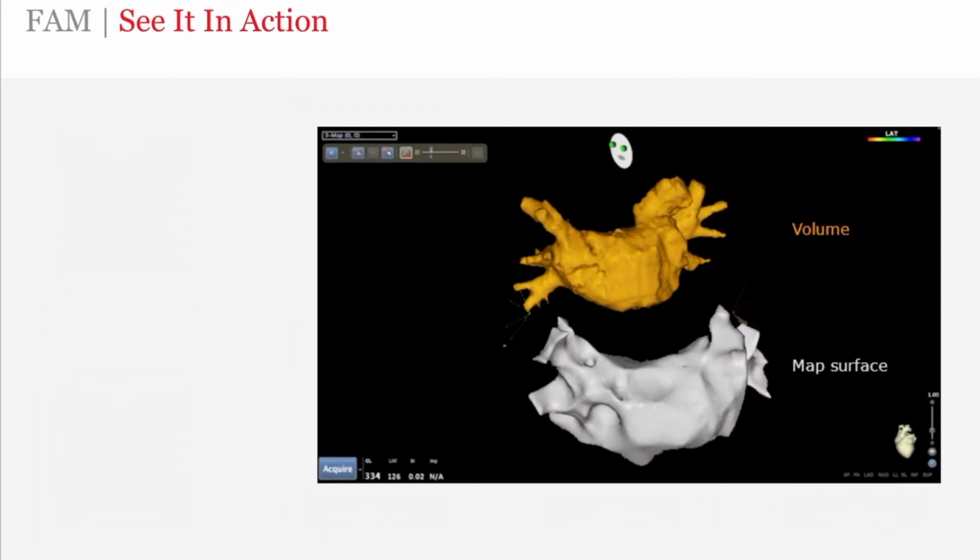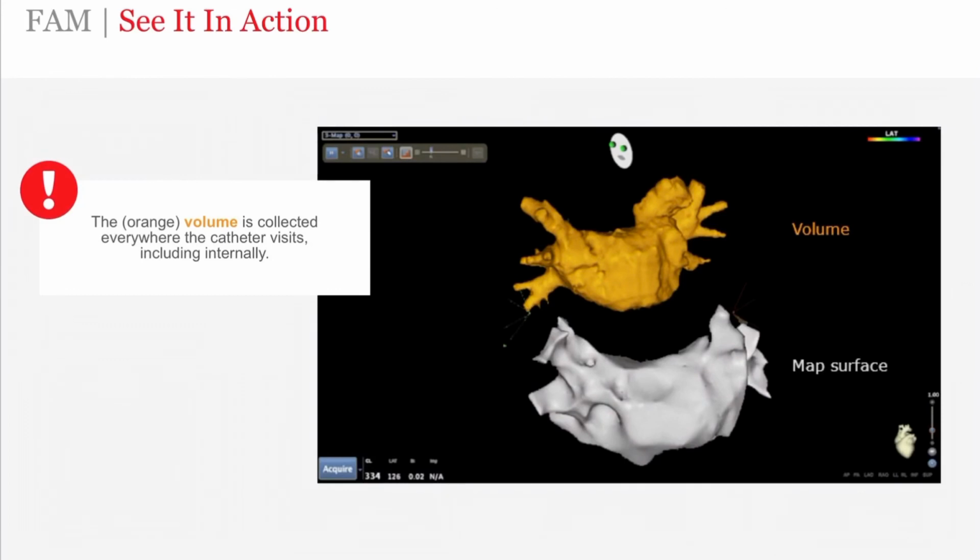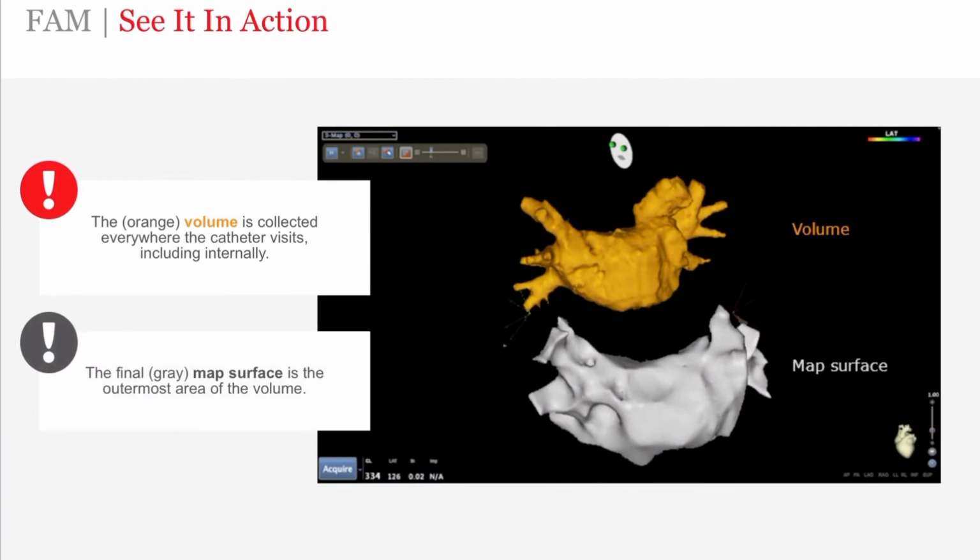Here's an image showing both a volume and map surface. Remember that the volume is collected everywhere the catheter visits, including internally, but the final map will be the outermost area of the volume.